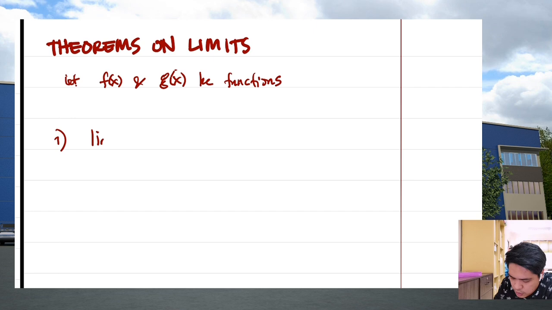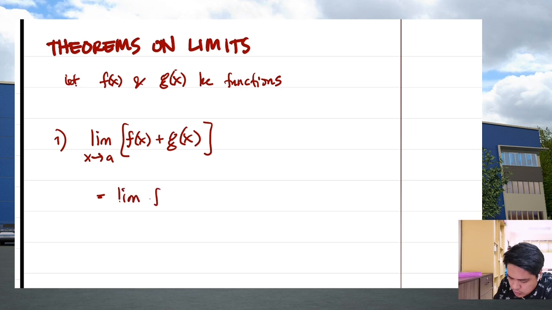So if we have the limit of f of x plus g of x as x approaches a, that is equal to the limit of f of x as x approaches a plus the limit of g of x as x approaches a.